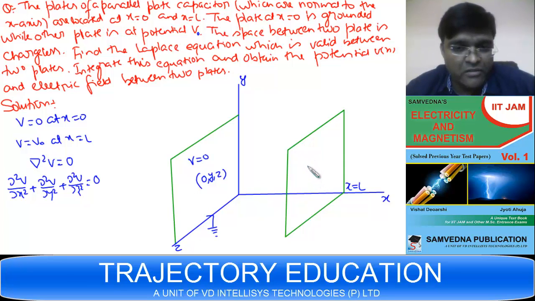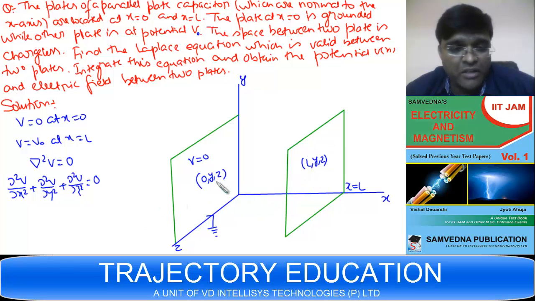Now on this plate any general coordinate can be written as (L, y, z), and V is V naught. All the points on this plate have x coordinate L, and y and z are varying on this plate, but at every point V is V naught.